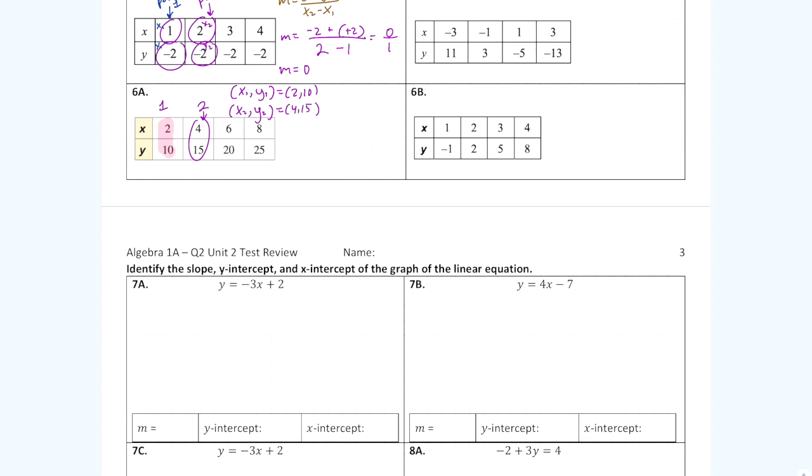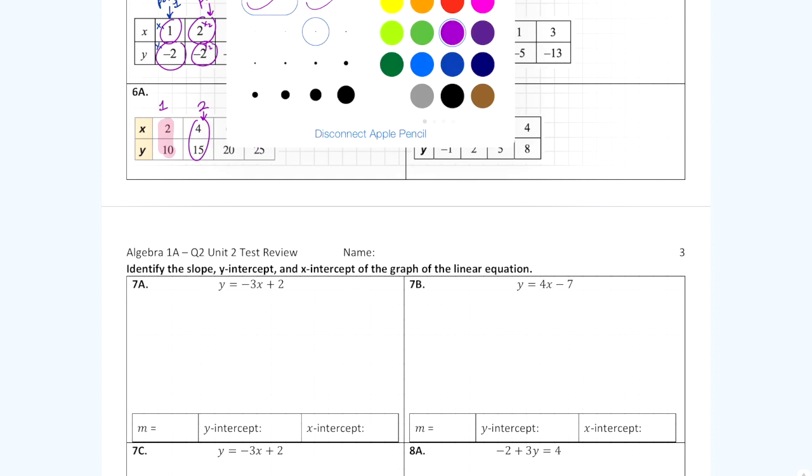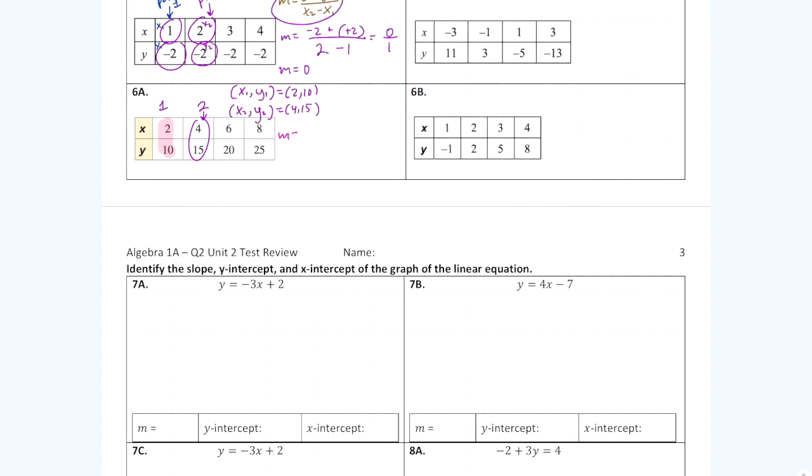Now I'm going to use the same formula up above that I used for my slope. M is equal to 15 minus 10, and take 4 minus 2. So I have a 5 over 2, and that's my slope. Okay, that's all I have to do for 6.